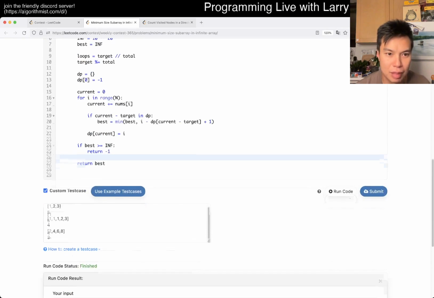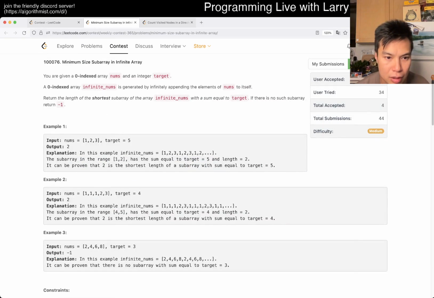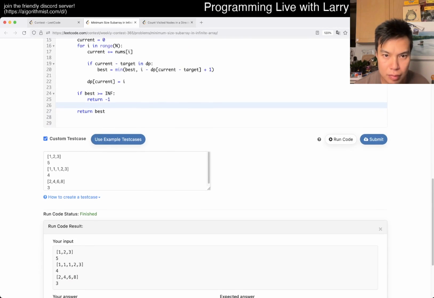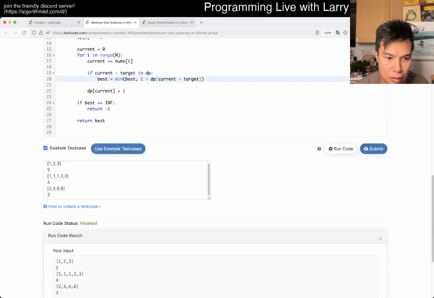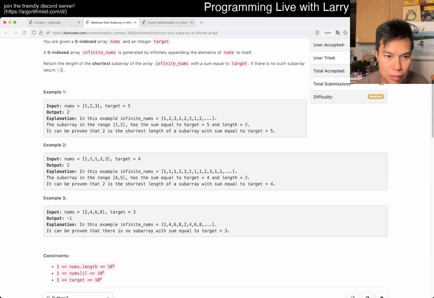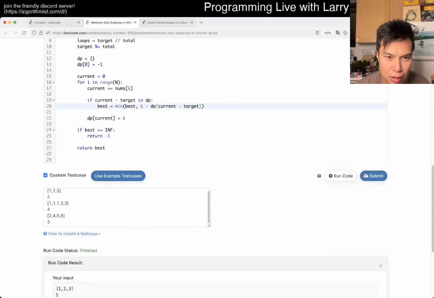Well, I have to at least get this right first. That's fine because this 3, I think D is 3. I'm going to run it again.